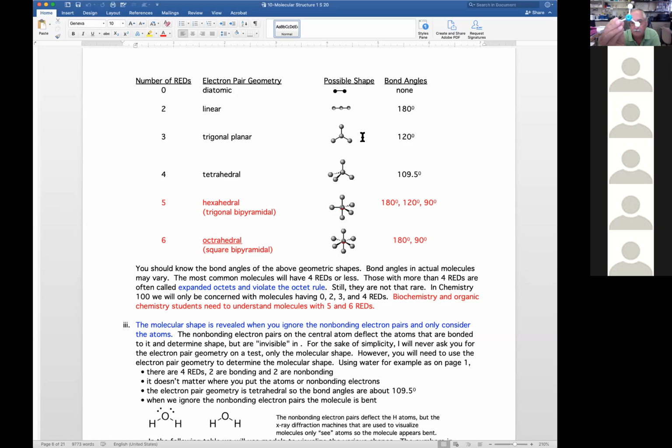You see that? And what about the bond angles? There's 360 degrees in a circle. If you take a circle and divide it up into 1, 2, 3 pieces, the bond angles now become 120 degrees.